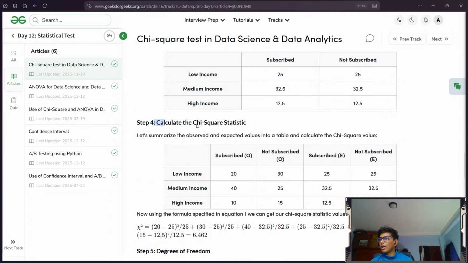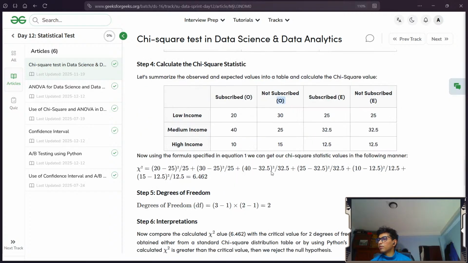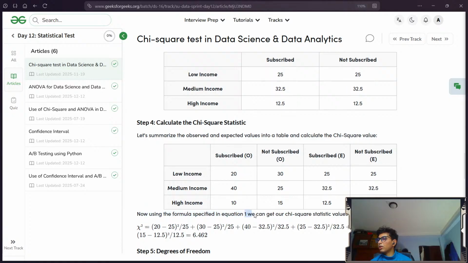Now calculate the chi-square statistic. Let's put the observed and expected values into a table and calculate the chi-square values. This is observed and these are expected. Using the formula specified in equation 1, we get our chi-square statistic as the summation of observed minus expected, whole square, divided by expected.